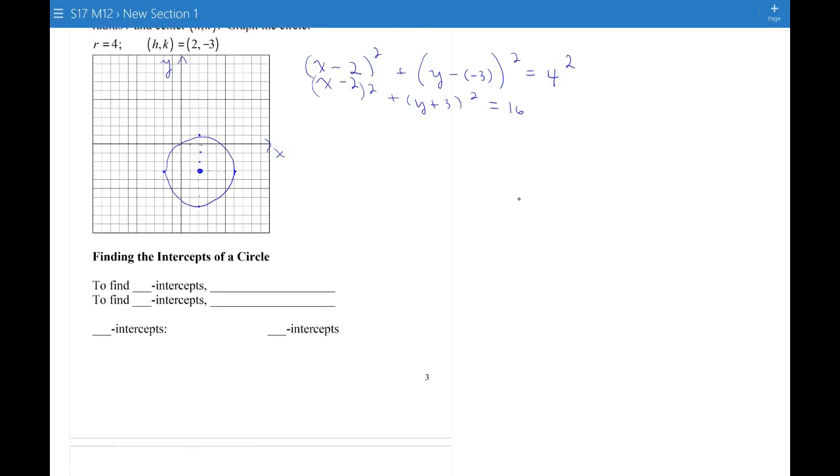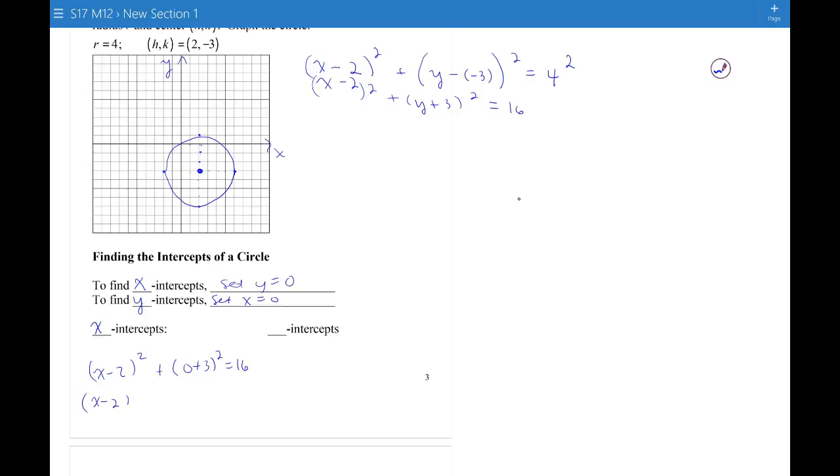Okay, and then we just talked about intercepts in the previous section. So that's something important that we want to know about circles. To find x-intercepts, we set y equals 0, and to find y-intercepts, set x equal to 0. So for this circle, we set y equal to 0: x minus 2 quantity squared plus 0 plus 3 quantity squared equals 16.